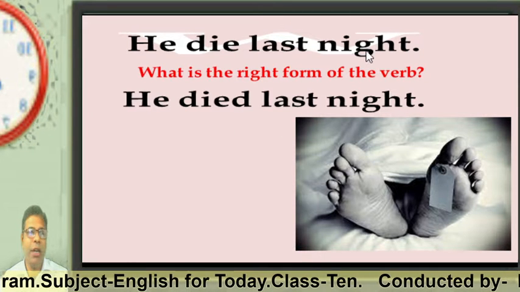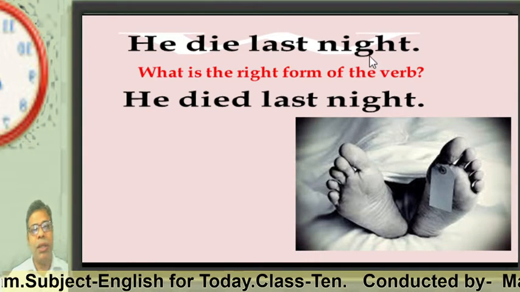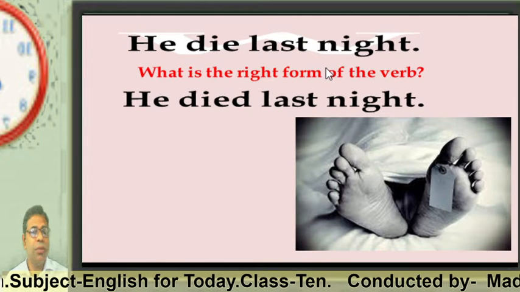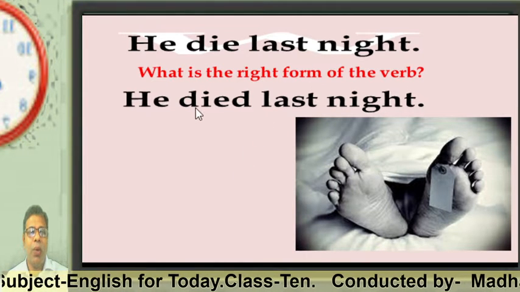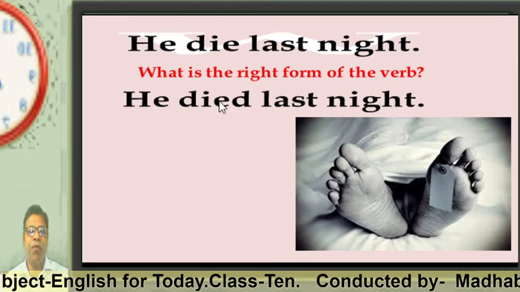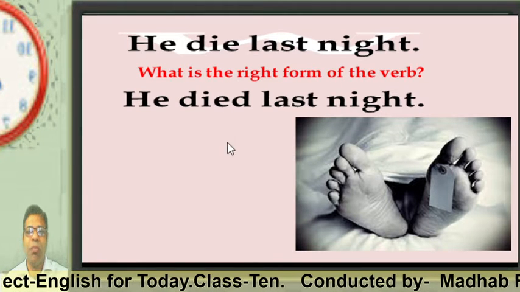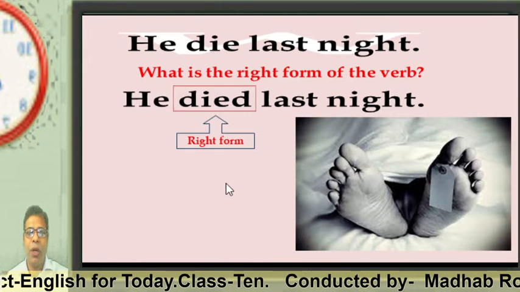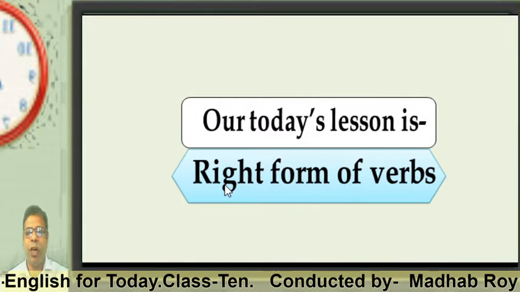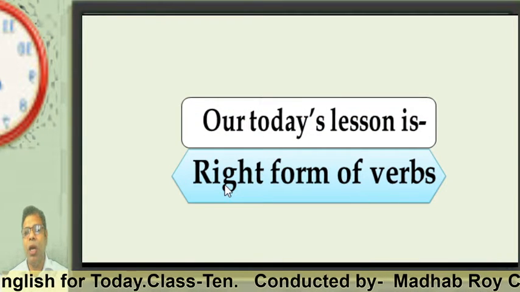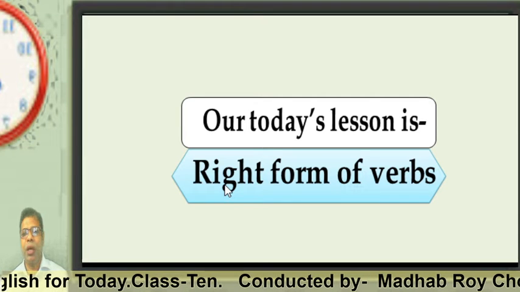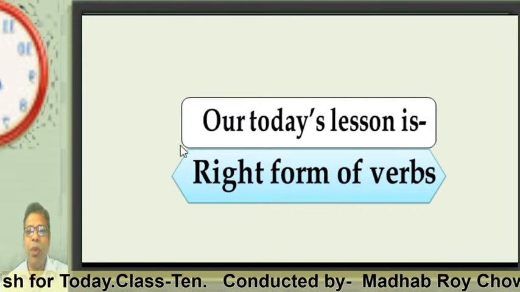Last night indicates past. That's why we need to use the verb B2 form, past form. Okay, this is called the right form of verb. And today we will discuss about the right form of verb.